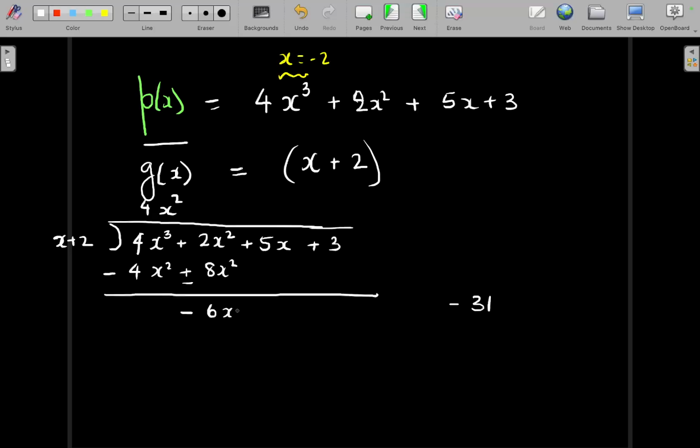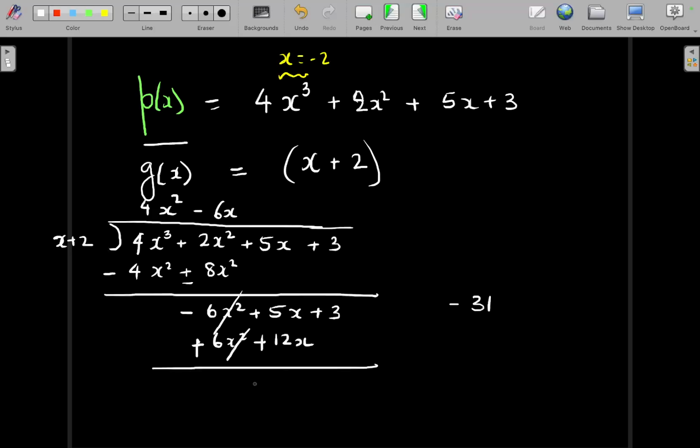Minus 6x square plus 5x plus 3, and then you have minus 6x, then you have minus 6x square minus 12x, and then you put a plus and a plus, and this gets cancelled, and I have 17x plus 3, and this time I have to put plus 17.